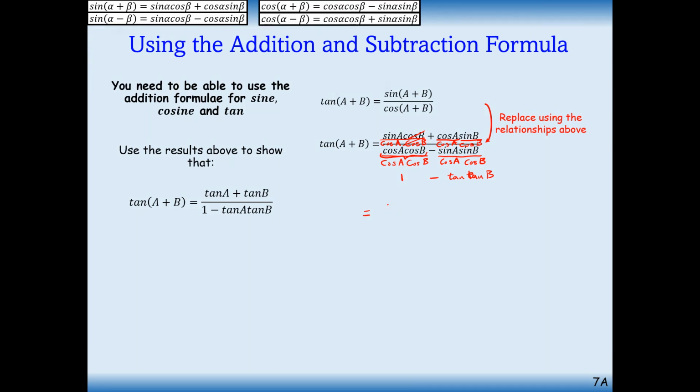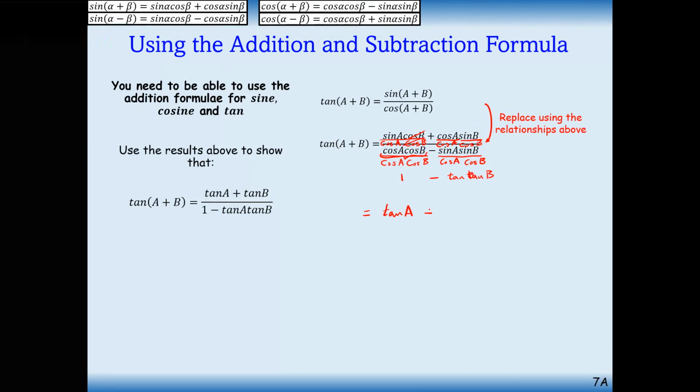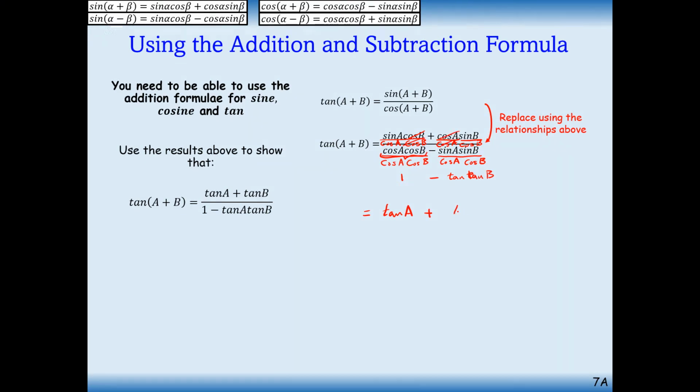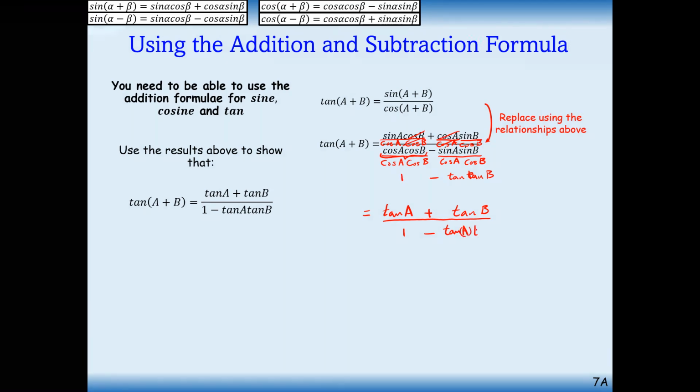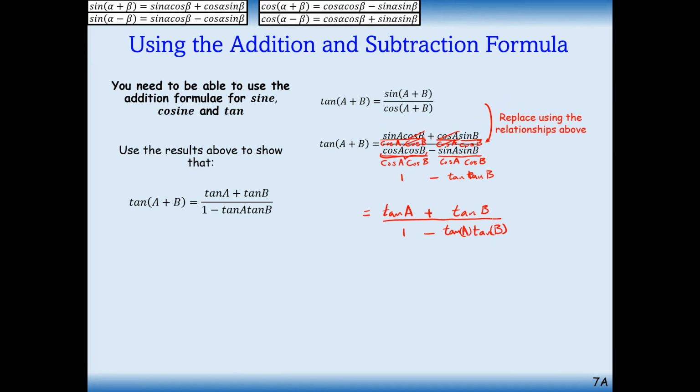We will have tan of A plus, these two coses cancel away, so we will be left with tan of b in the numerator, and we said the denominator already simplified to 1 minus tan a multiplied by tan b. Okay, so there is the addition formula for tan.